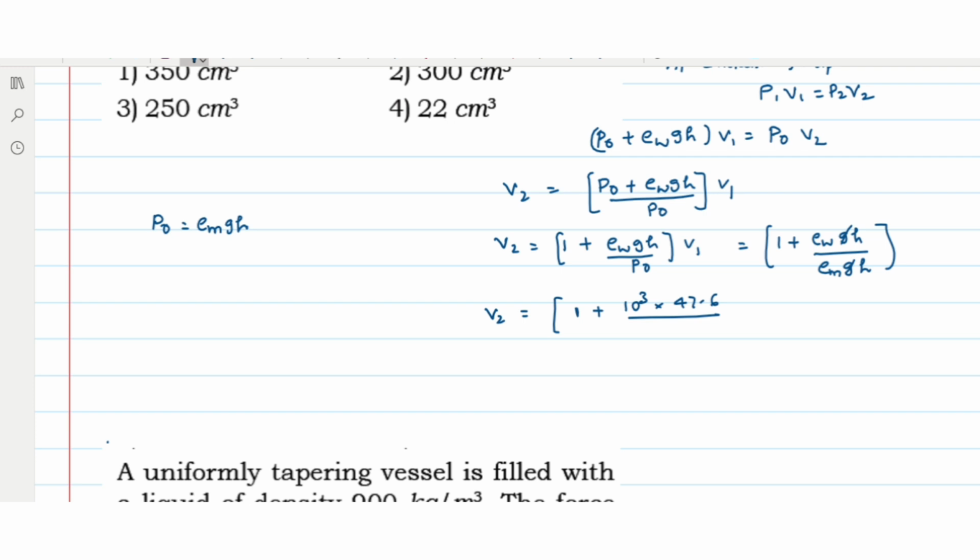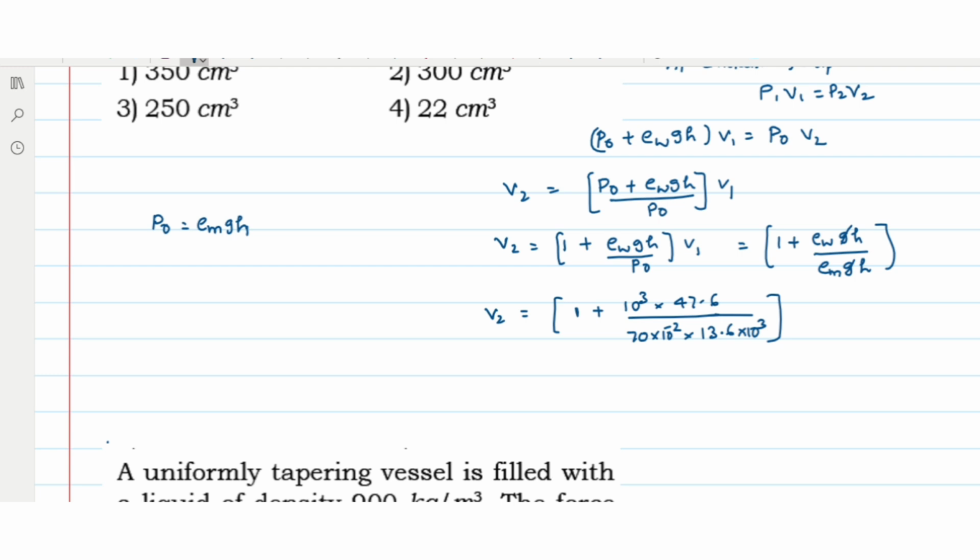Here it was given as 70 centimeters, 70 into 10 power minus 2 meter, into the density of mercury, which is 13.6, and 1 gram per cc is 10 power 3 kg per meter cube. H is the height of the barometer column, 70 centimeters.